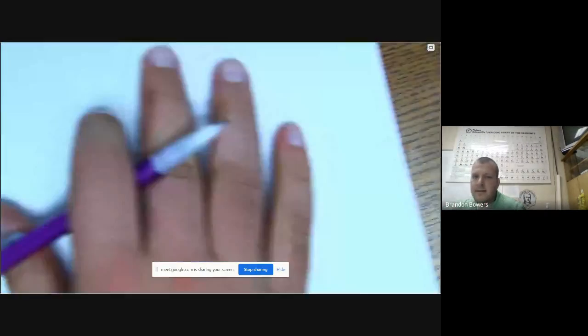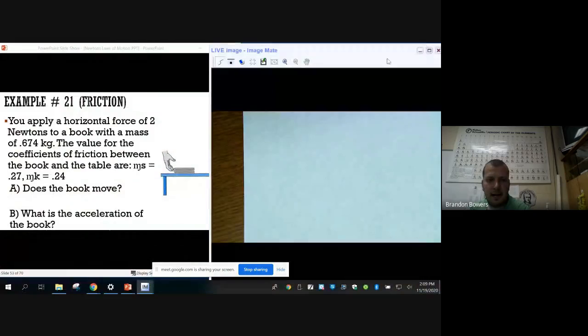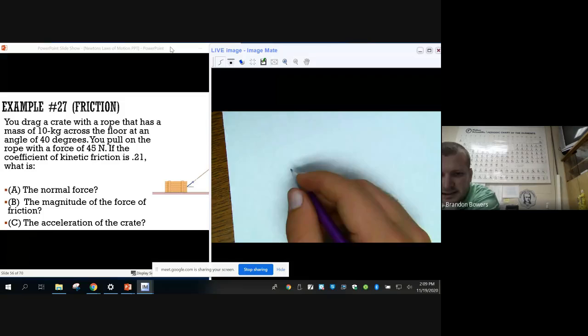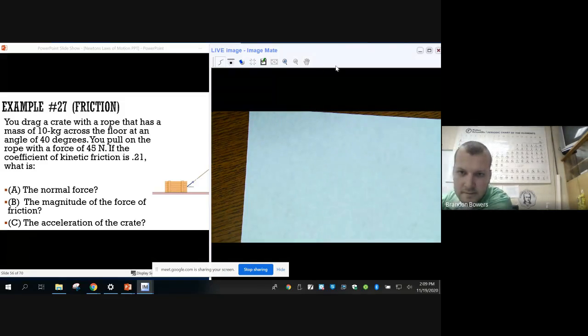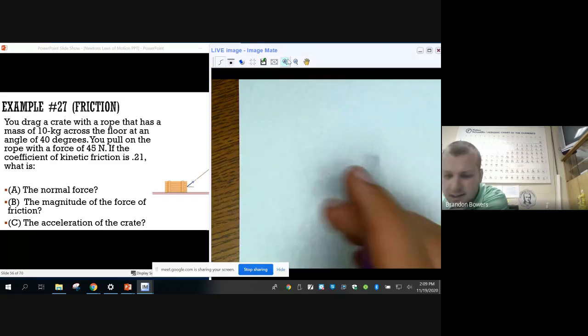All right, here's my new paper. All right. Let's see, 27, here we go. Okay, so you drag a crate with a rope that has a mass of 10 kilograms.